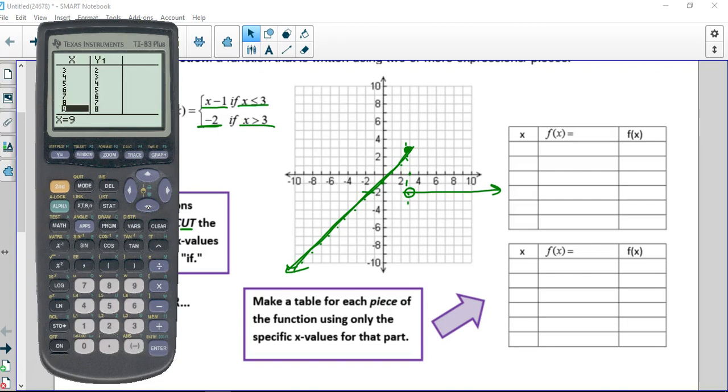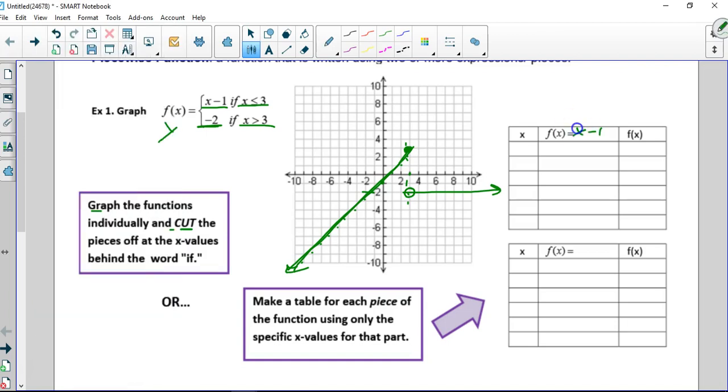So now I can just write down those numbers. X minus 1, and I put down 3, 4, 5, 6, 7, 8, and so forth. And then I just copy from the table, and this was 2, 3, 4, 5, 6, 7. And I look at, here's 3, 2. Wait a minute, sorry, I want less than or equal.